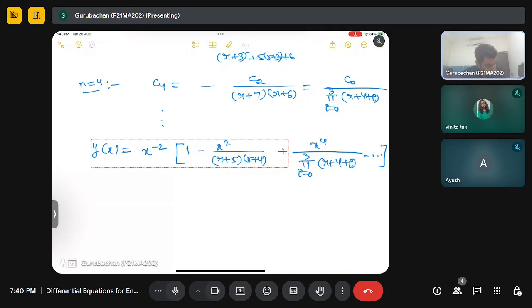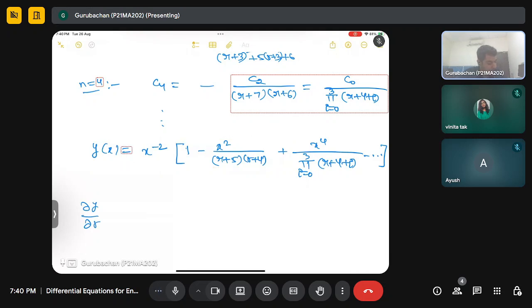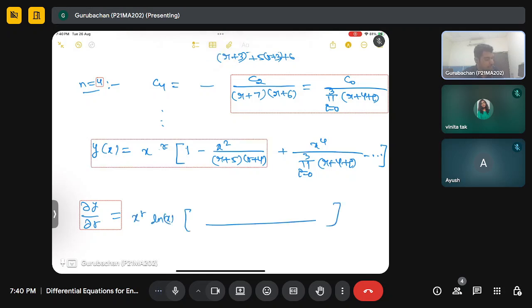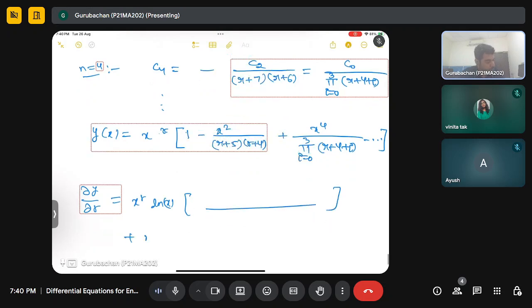Now what you will do, you will partially differentiate this with respect to r, and you will put r equal to minus 3. So if you will partially differentiate with respect to r, this is x to the power r, so x to the power r ln x. So one solution, this is as it is, and another solution is x to the power r.